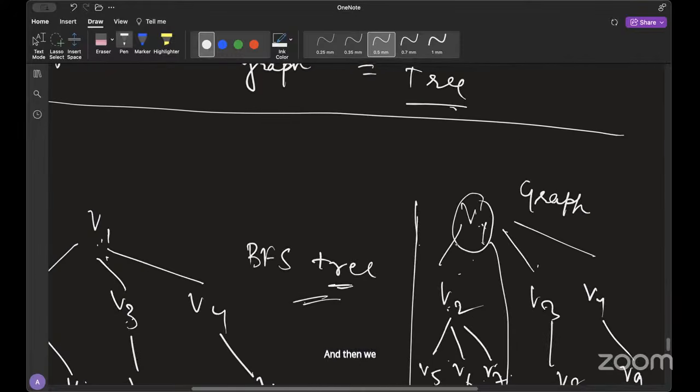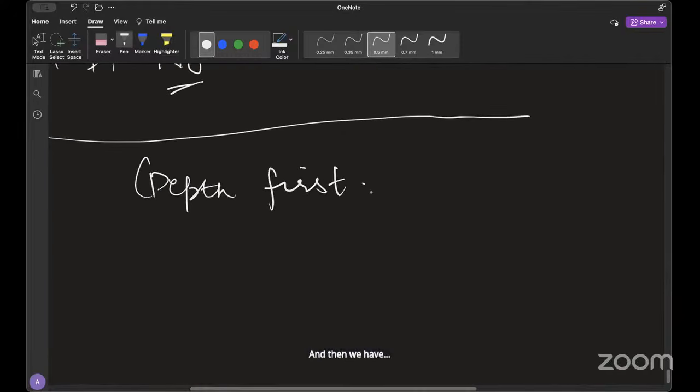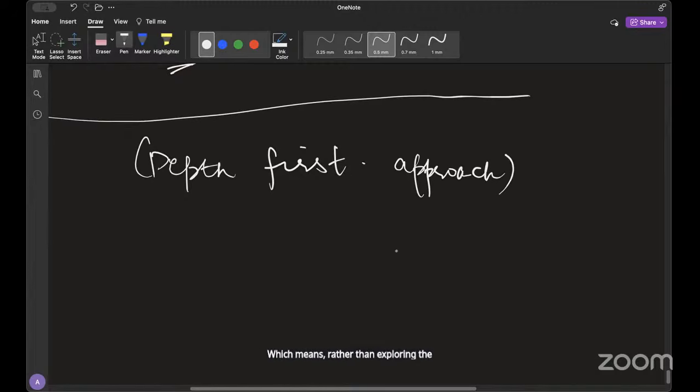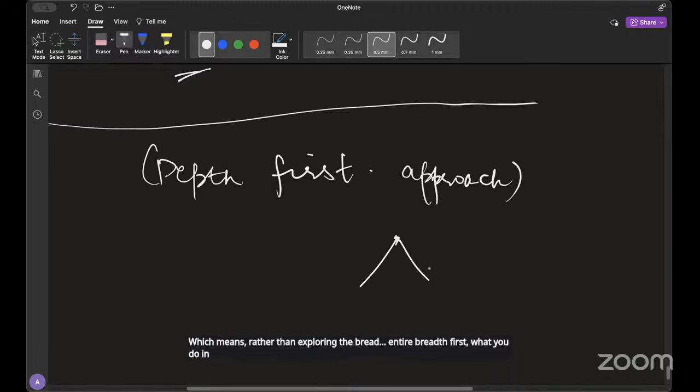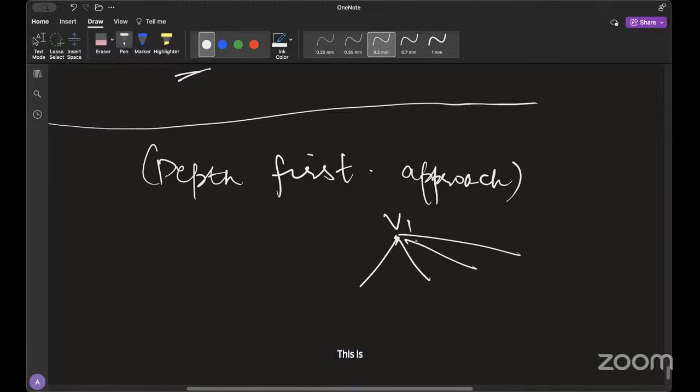And then we have the DFS approach, the depth first approach, which means rather than exploring the entire breadth first, if you start your search from here, then you write V1. Let's say you have something like this: V4, V5, V6, and V7.